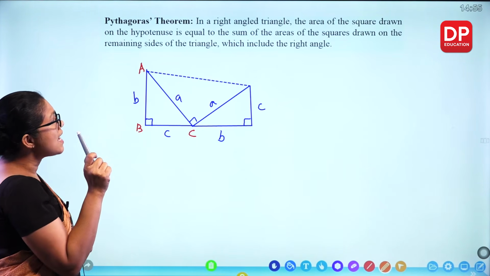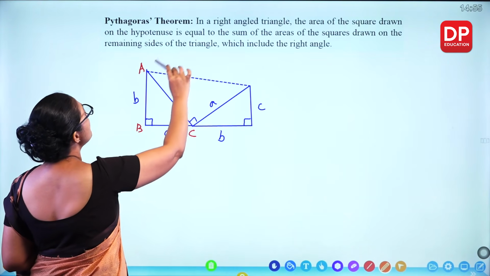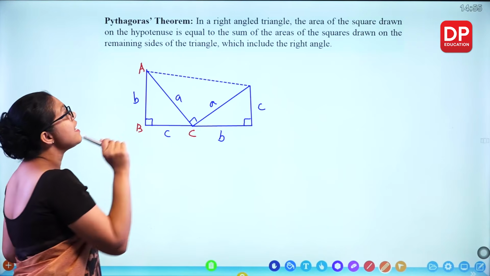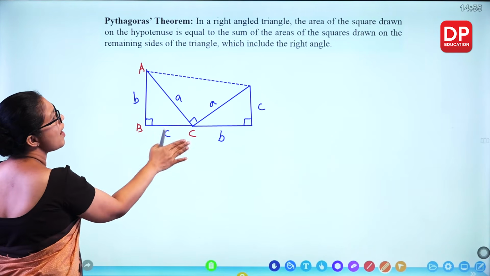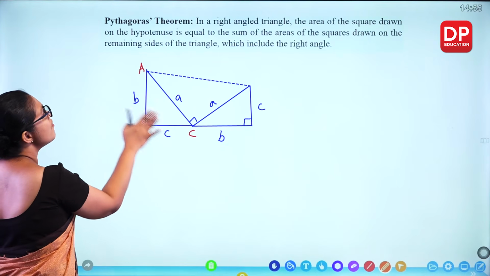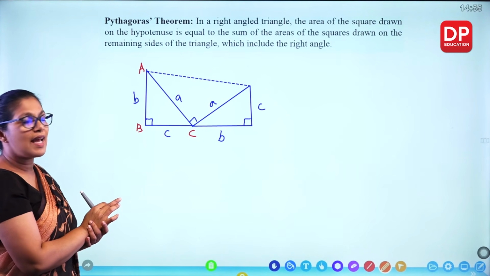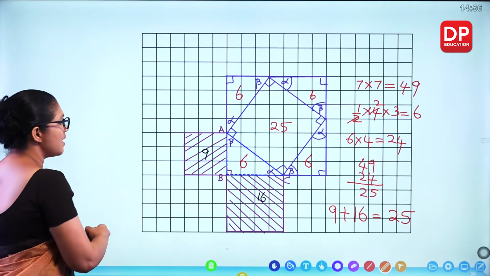So in the right angle triangle, the area of the square drawn on the hypotenuse is equal to the sum of the areas of the squares drawn on the remaining sides of the triangle, which include the right angle. So that's what we found here.